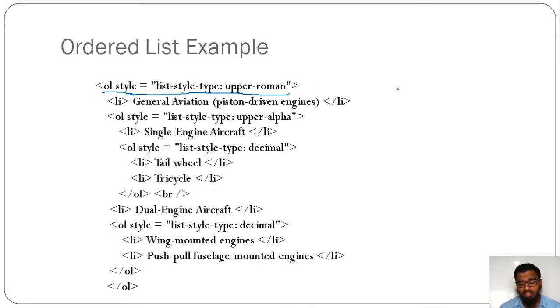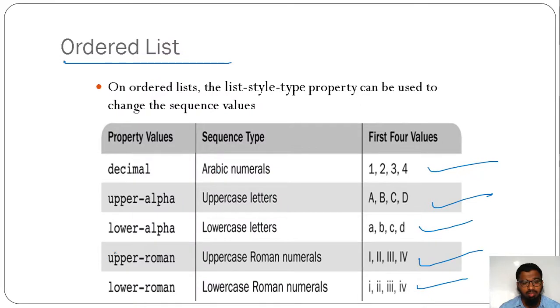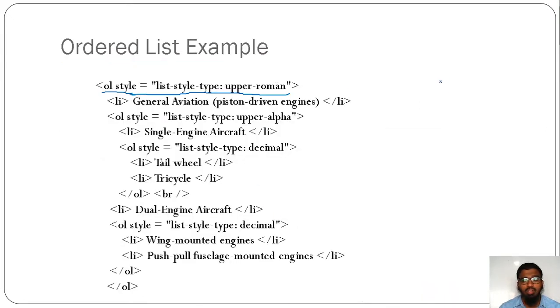Upper Roman is capital I, like Roman 1, 2, 3, 4. What is the output for this? It will display capital I, Roman, for the LI general aviation, for this element.